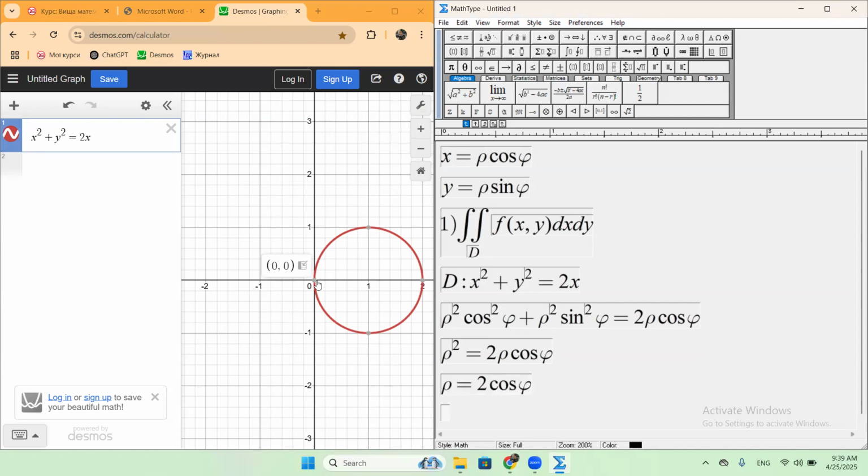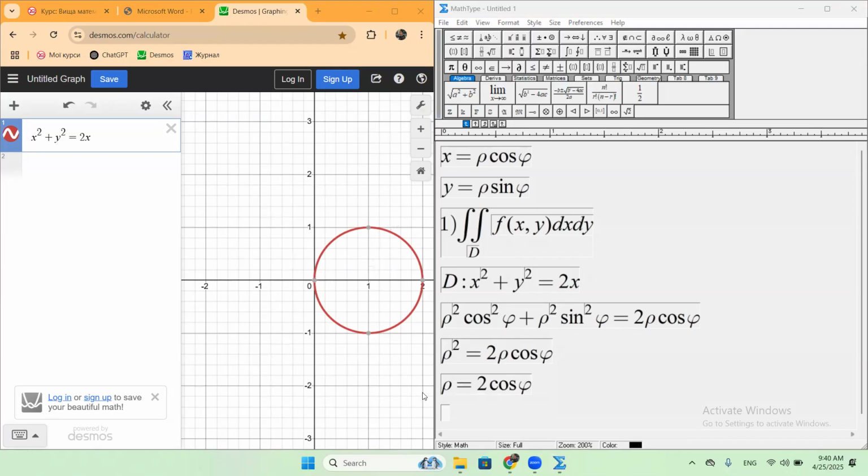What is actually rho? Rho is the distance from the beginning of coordinates to the curve. And phi, just let me remind you, is the following angle between the x-axis and this ray. This is the phi angle. Let me clear it.